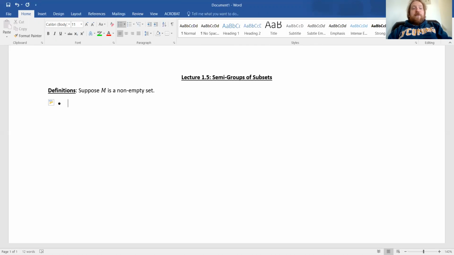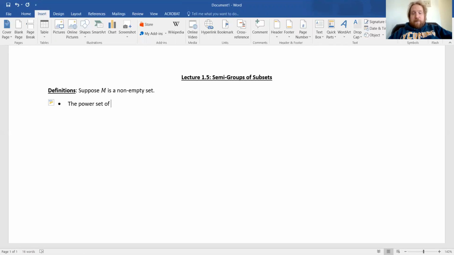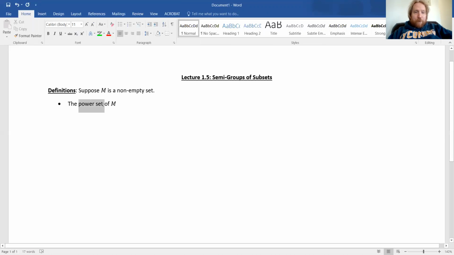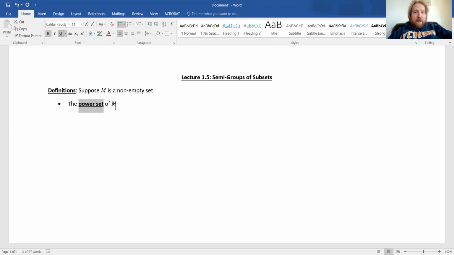Now, the set that will become our algebraic structure is something called the power set. It's called the power set of M, and I'll boldface the power set because that's the words that we're trying to define.